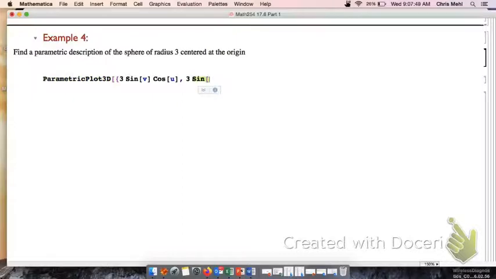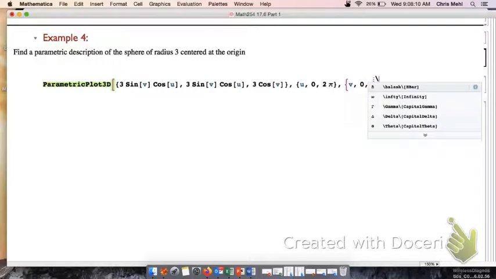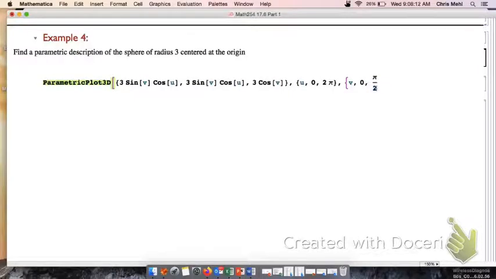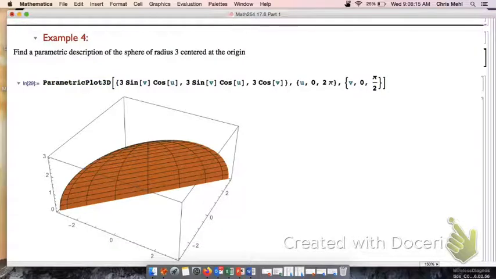Y would be 3 sine v cos u. And z would just be 3 cos v. And then I need to specify that u goes from 0 to 2 pi, and v goes from 0 to pi over 2, and I should plot this.